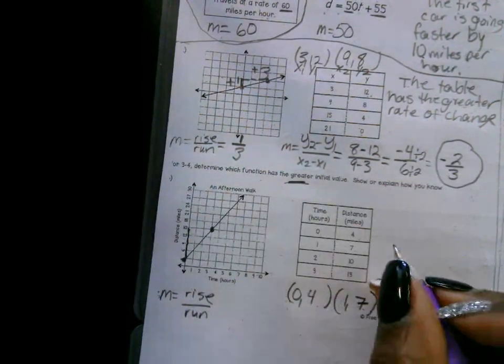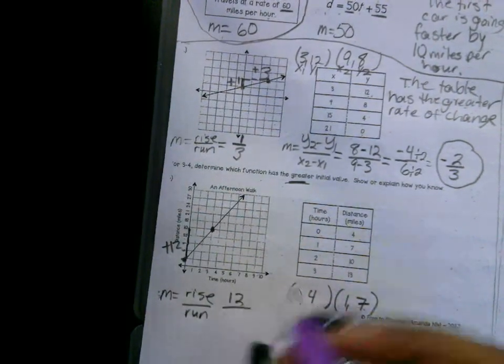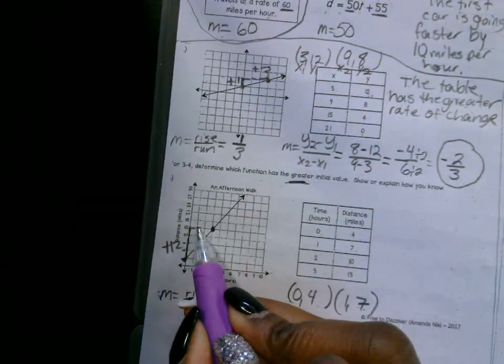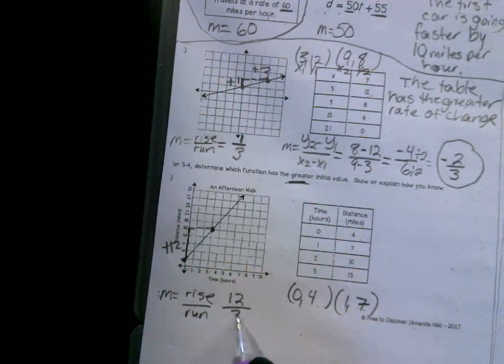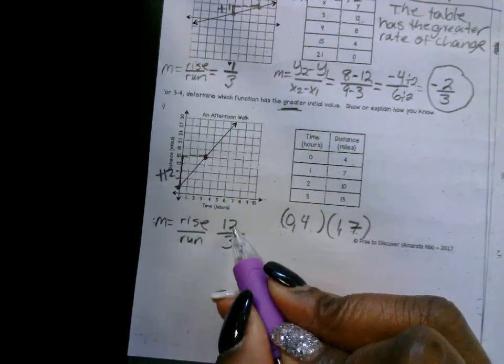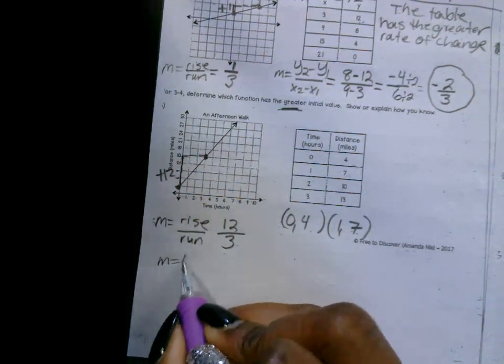What's 4 times 3? So this is positive 12 on the top. And then it's going up by ones here on the X. So that's 1, 2, 3. 3 on the bottom. So what is 12 divided by 3? 4. So M here is equal to 4.